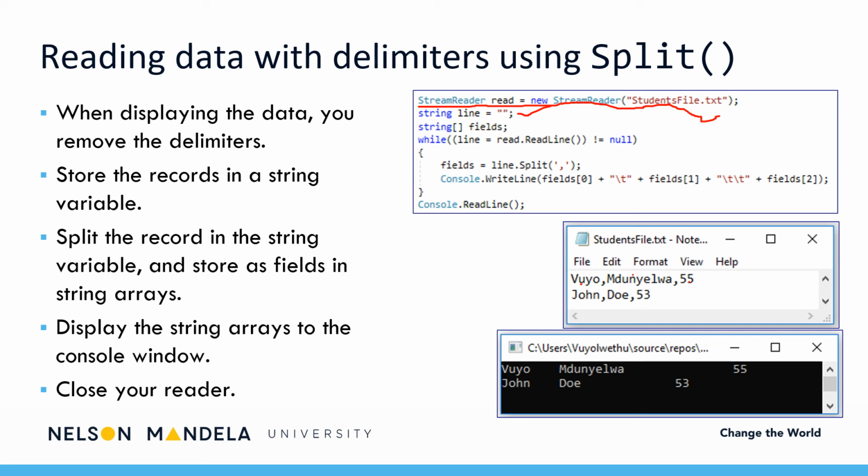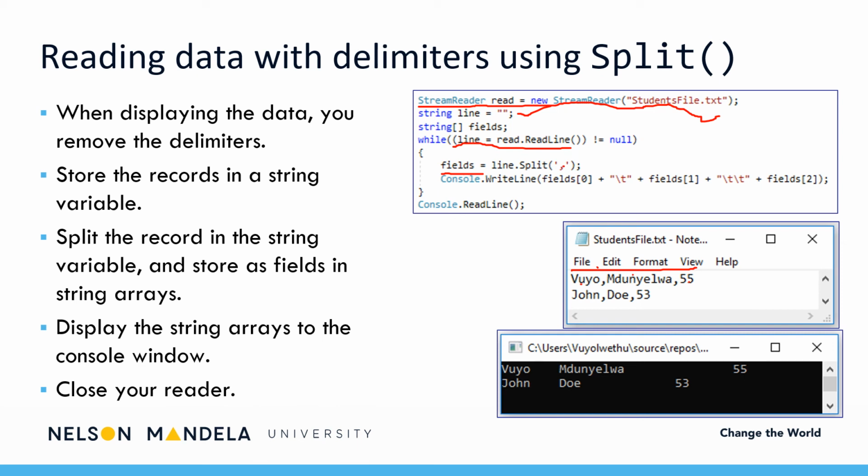So how do you specify this array? You read this entire line, the name, the surname, and the mark, together with the commas. Now what you do is you take your field, you say the field over here equals line, dot split. So you split everywhere where you find a comma.